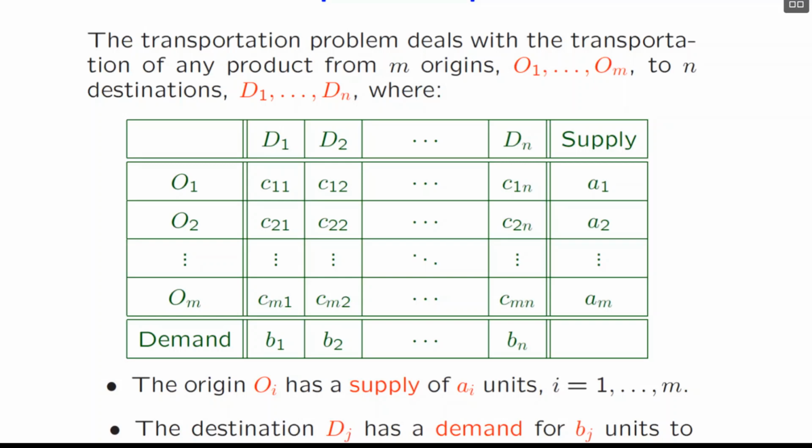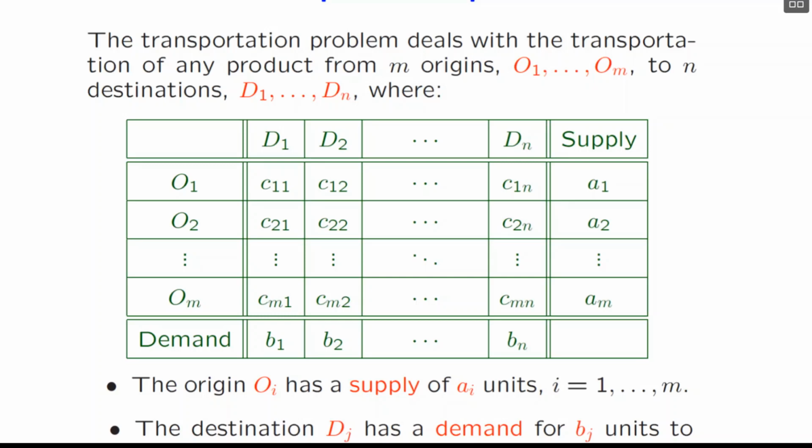The origin O1 is able to supply A1 units of items, O2 is able to supply A2 amount of items. Likewise, the origin Oi is able to supply Ai units of items, i equal to 1 to m, and the destination Dj has a demand for Bj units to be delivered from the origins, j equals 1 to n.